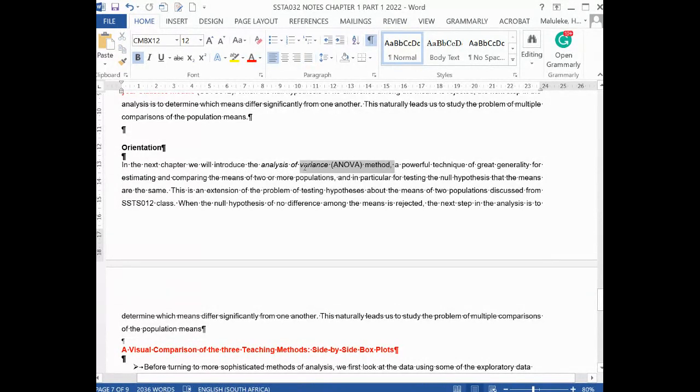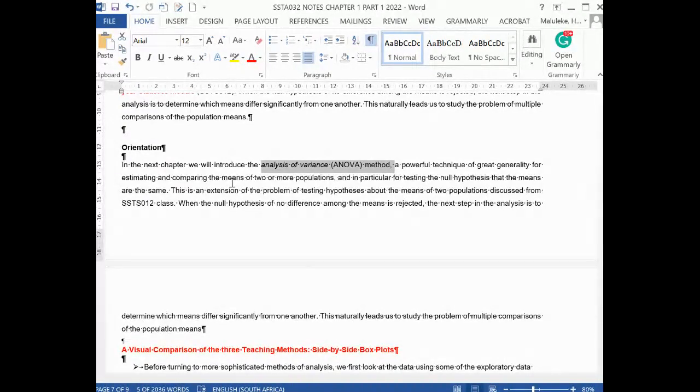We agreed that we'll be dealing with the ANOVA, which is an extension of testing two means from SSTA032. You tested the difference between two means there. Mr. Lemo taught you those things. There's no way that we can lie that we didn't do them in first year. You did that part where you're comparing the differences between two means.